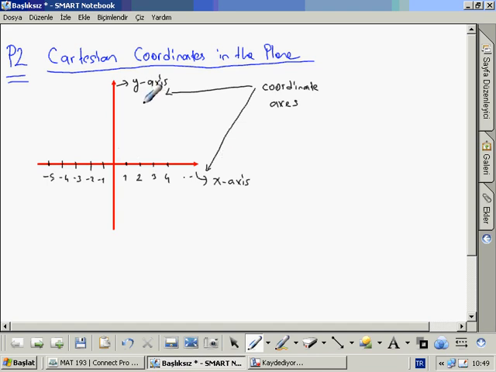Also from down to the up, which is the y-axis, it will be -5, -4, -3, -2, -1, +1, +2, 3, 4, and it goes on.